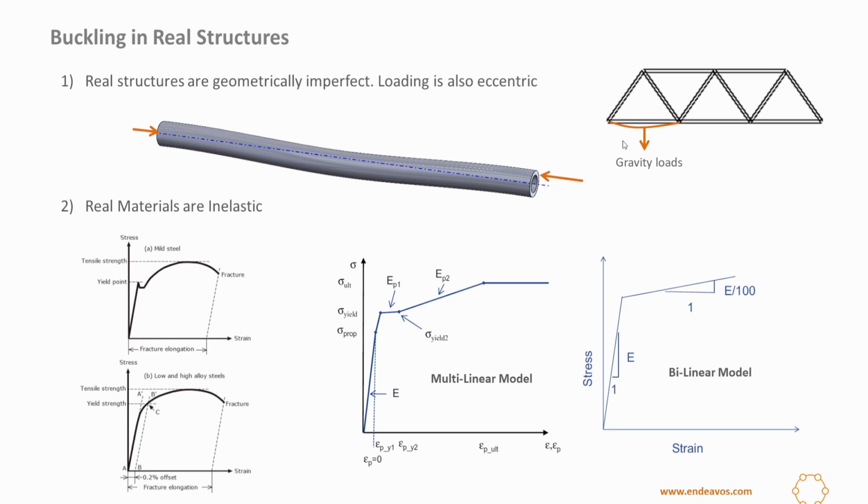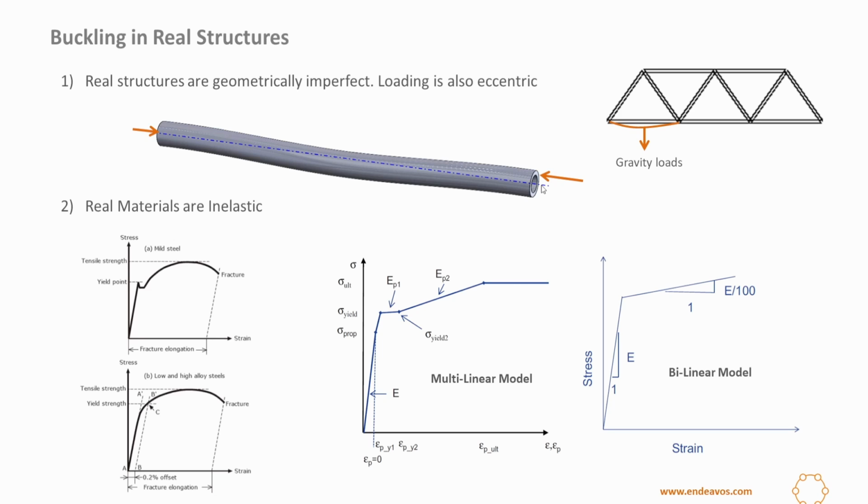Also, the loading is not perfectly applied. So for instance, in the case of this column under compression, there's going to be some eccentricity, even if it is very slight. There is no such thing as a perfect loading passing exactly through the middle of a tube, for example. When we design our structures in a CAD package, our geometry is designed perfectly.